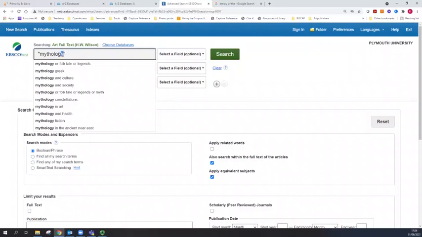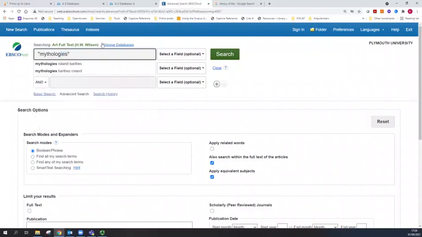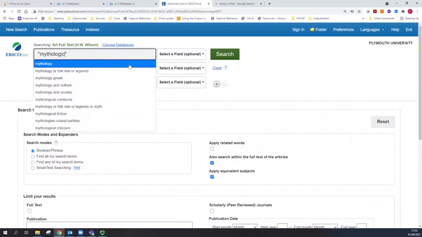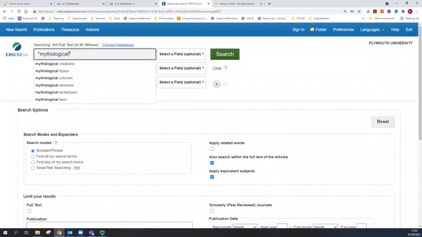We might also want to include mythologies in the search. We might want mythological. We might even want myth and myths. But when we are using the phrase search, it's not automatically going to find all of these. So we can use truncation to help us here.